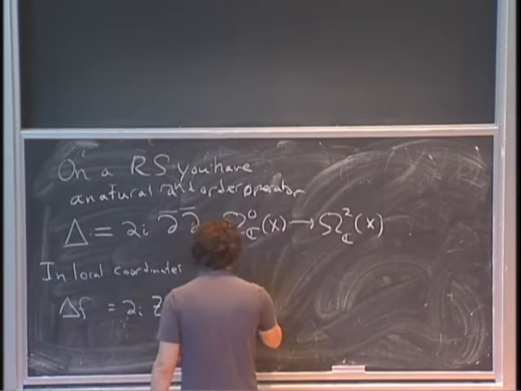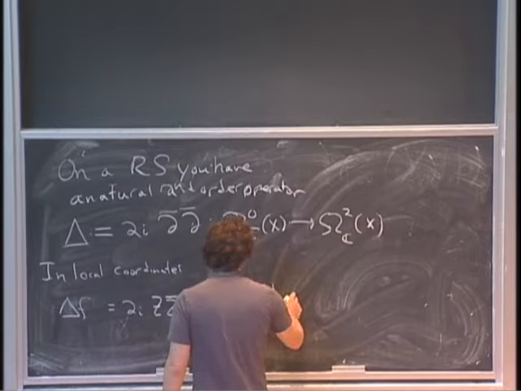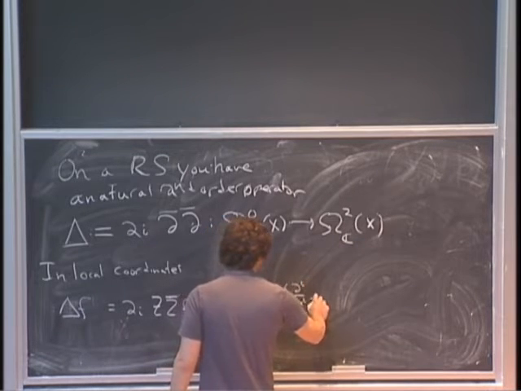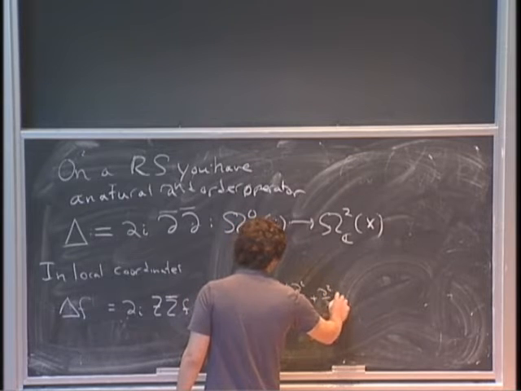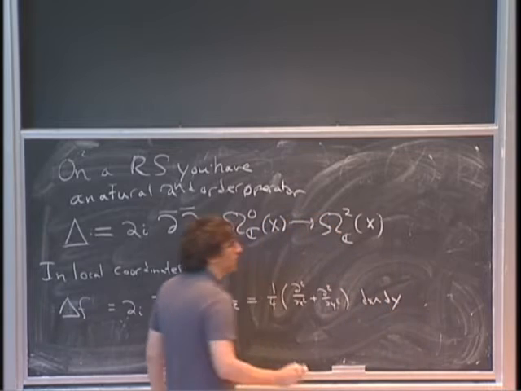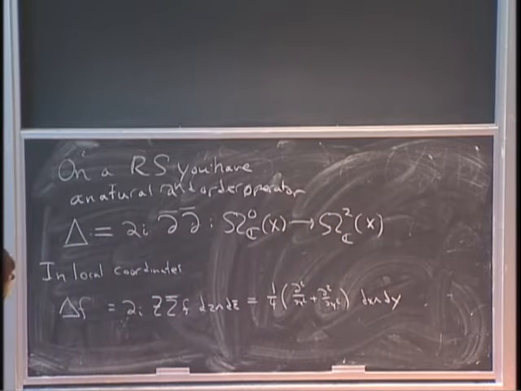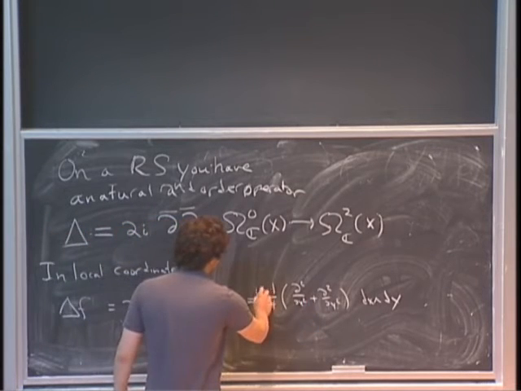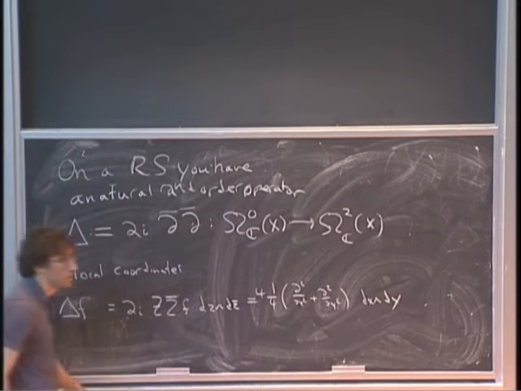So this is supposed to be equal to 1/4 times (d squared dx squared plus d squared dy squared) dx wedge dy, unless I made a mistake, which is highly probable. So then the 2i times the minus 2i is supposed to be 4. So we're supposed to get the Laplacian.